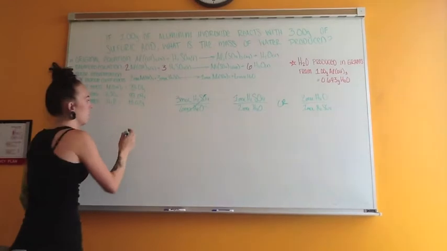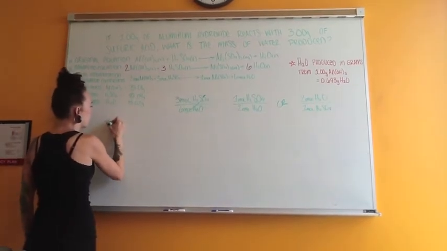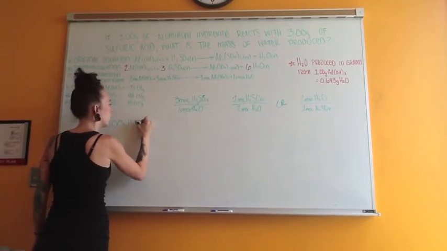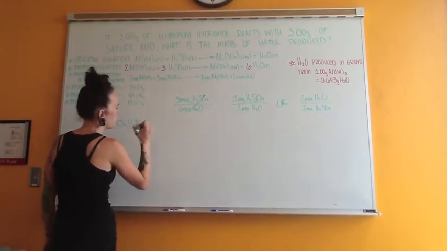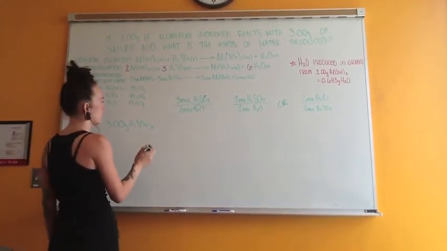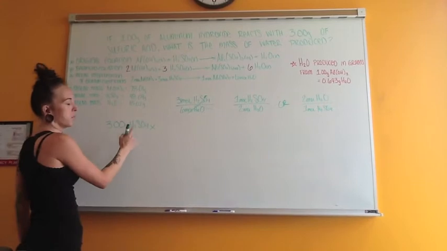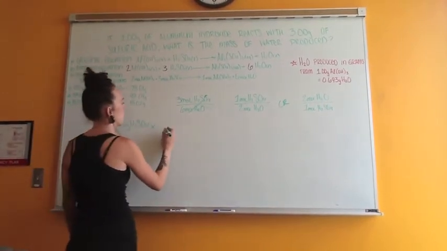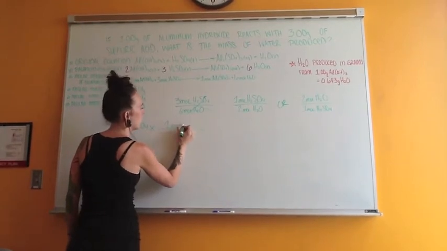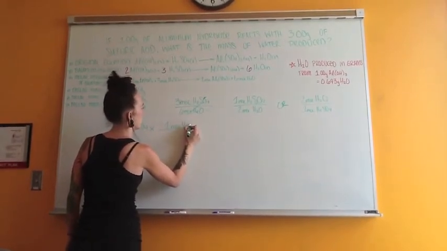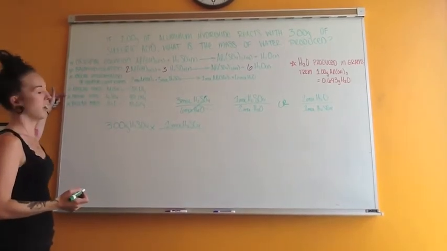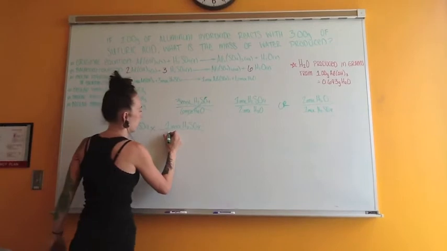So we'll take our given of the 3 grams of H2SO4 and we are going to apply the molar mass ratio to it so that we can get from grams to moles of sulfuric acid. So 1 mole of H2SO4 is equal to its molar mass being 98.09 grams.